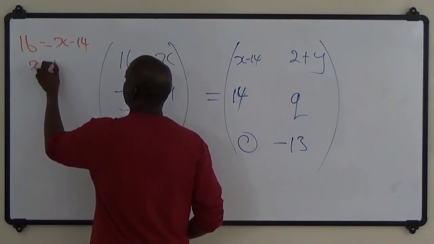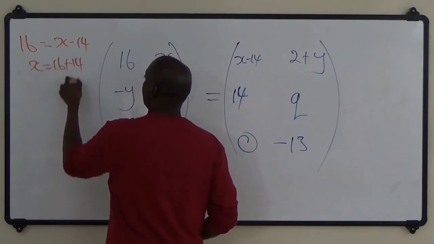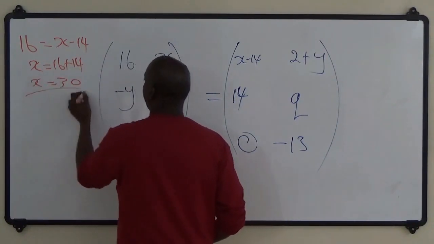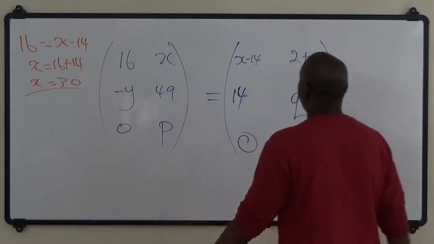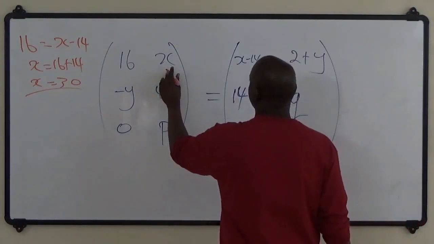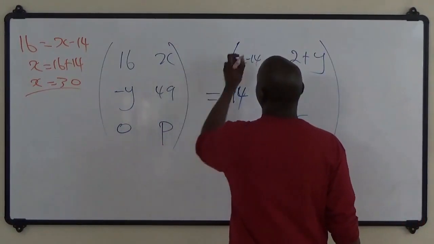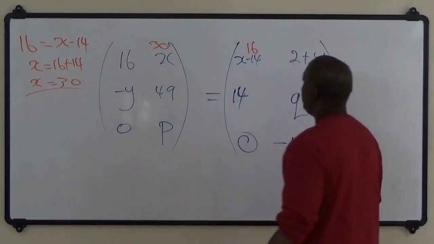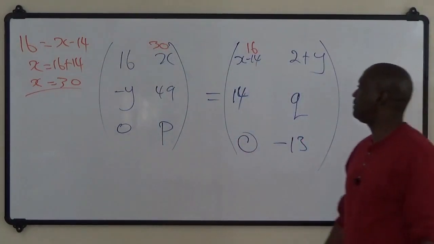So x is equal to 16 plus 14 equal 30. So x equal 30, we have that down. And if x is equal to 30, then this here will be 16, this here will be 30.